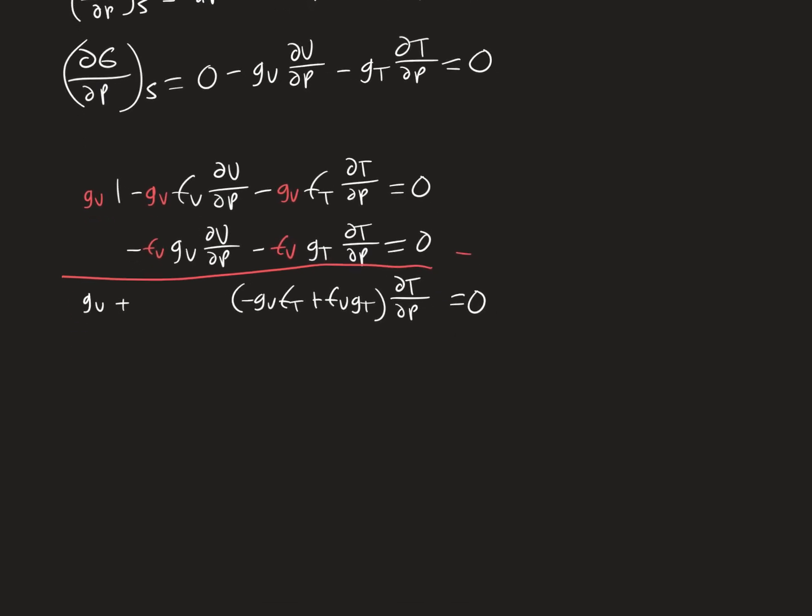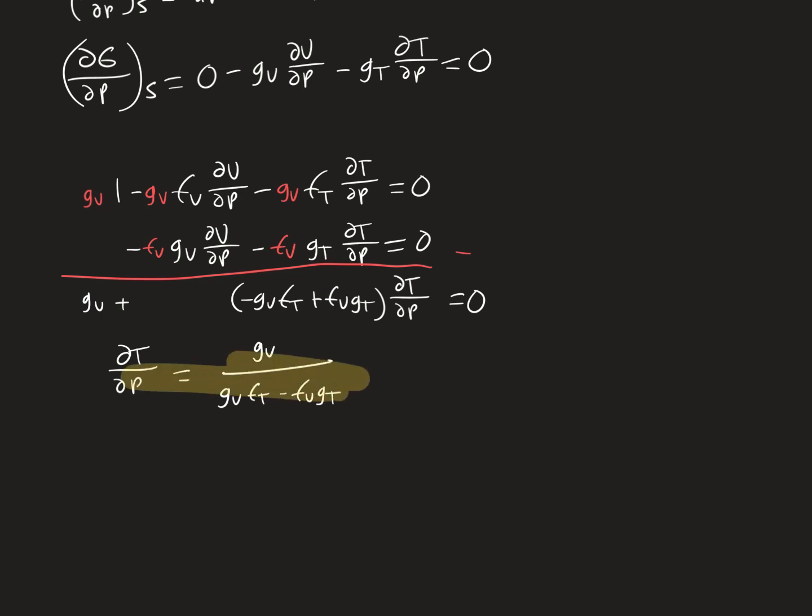Now we can rewrite this, and if we do that, we find that ∂t/∂p is equal to g_v divided by g_v f_t minus f_v g_t. So now we have found an expression for ∂t/∂p. And notice that this expression involves the Jacobian of g and f with respect to the variables v and t over here.